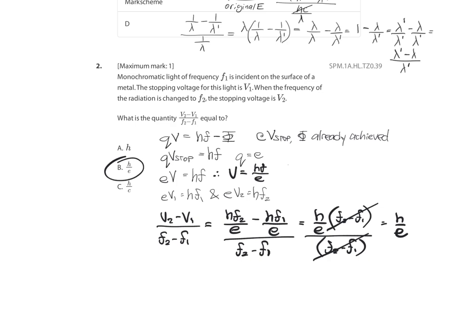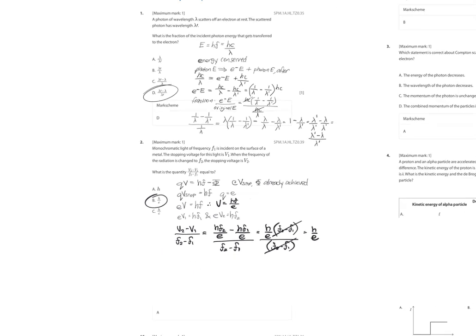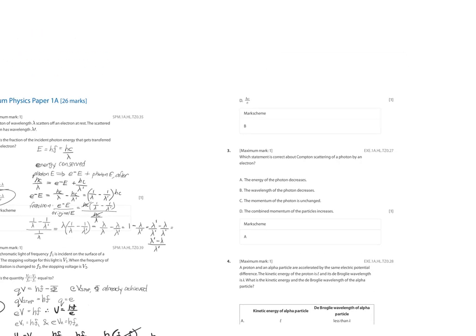When we throw it all together, we get the difference in the stopping voltages over the difference in the frequencies is hf2 over e minus hf1 over e. We separate out f2 minus f1, which is in the numerator and the denominator, so the frequencies cancel, and what I'm left with is Planck's constant divided by the charge. And so that is B, which agrees with the mark scheme over here.